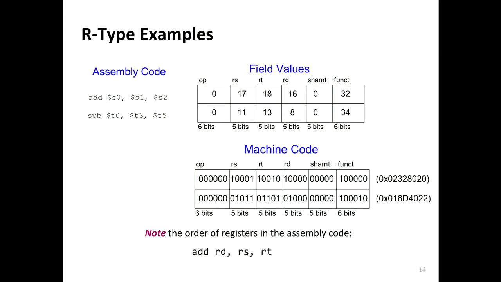Are we done? I don't understand why the destination register is an input and the source registers are output. You write into the register file. So let me start there. Add S0, S1, S2.